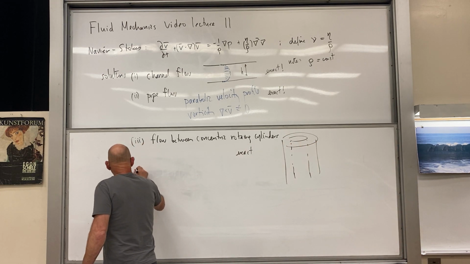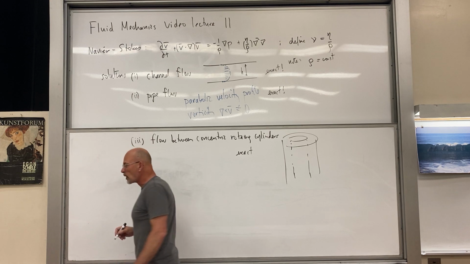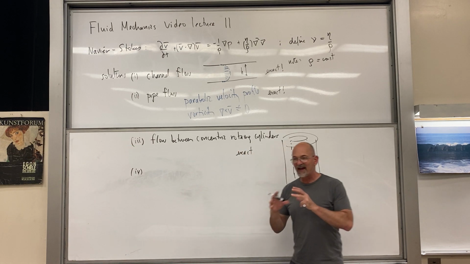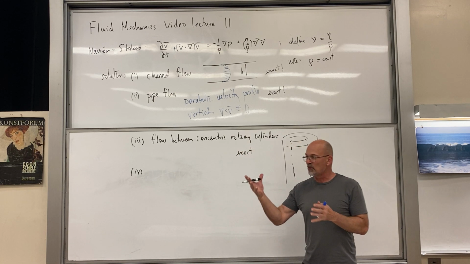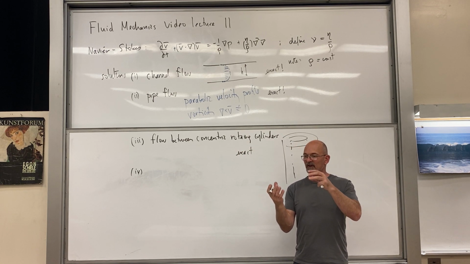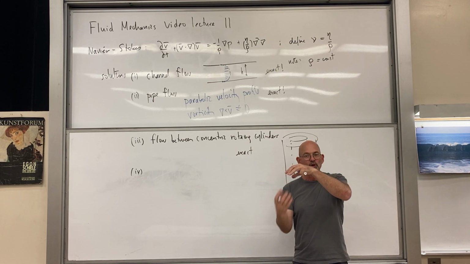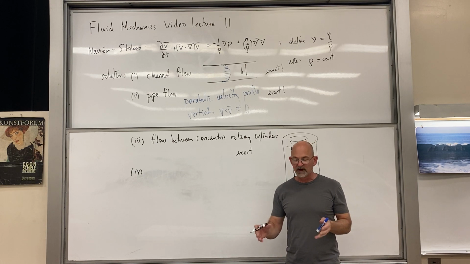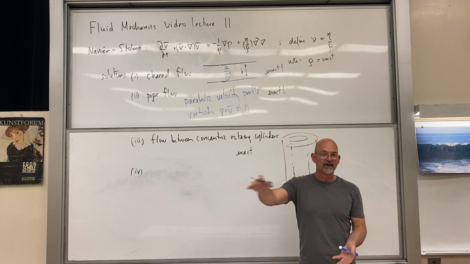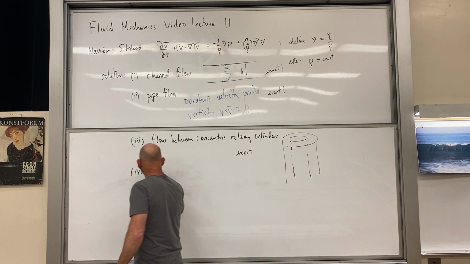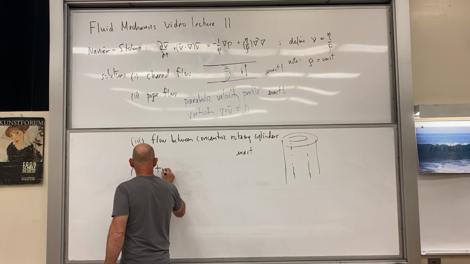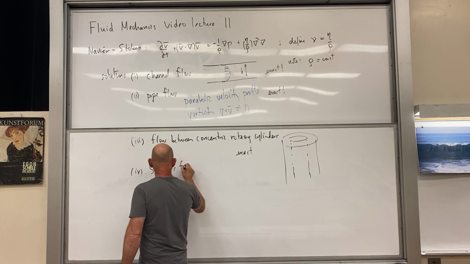Okay. So another really important one is the Stokes flow. That is just the flow past a sphere. And you can change your point of reference, and you can say you have a sphere that is falling through, say moving through a fluid, or you can imagine the sphere in one place and the fluid flowing past it. So that is called Stokes flow.